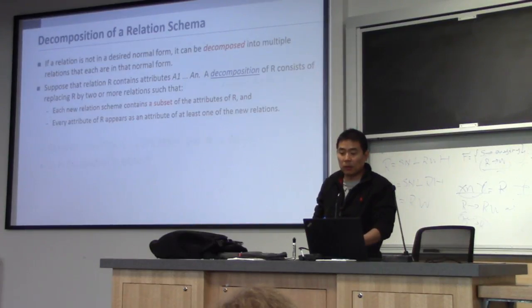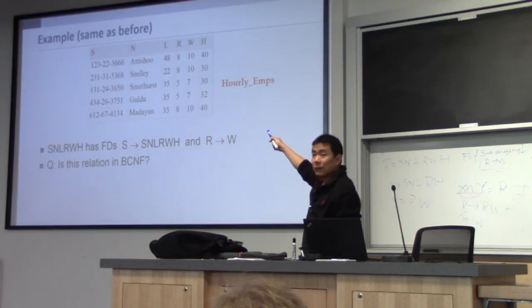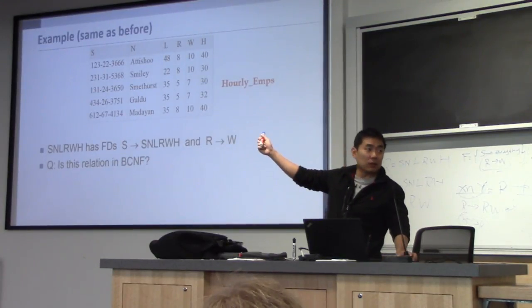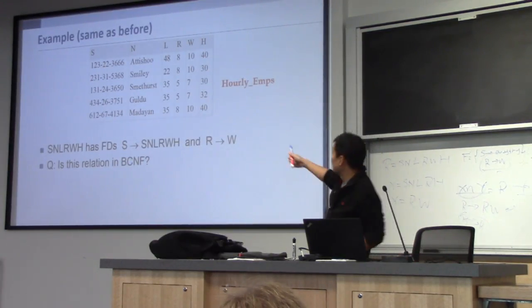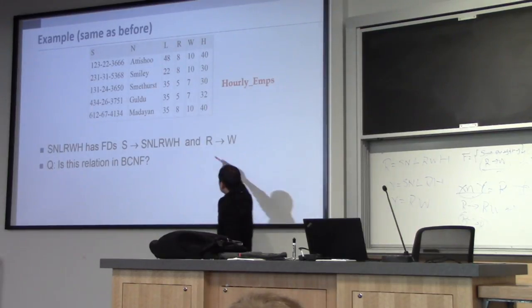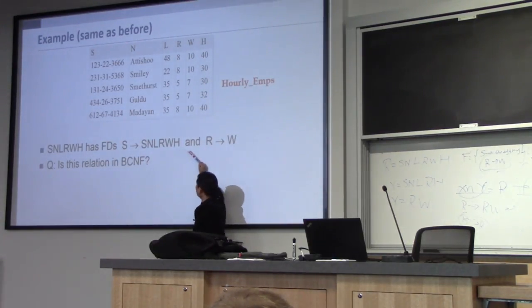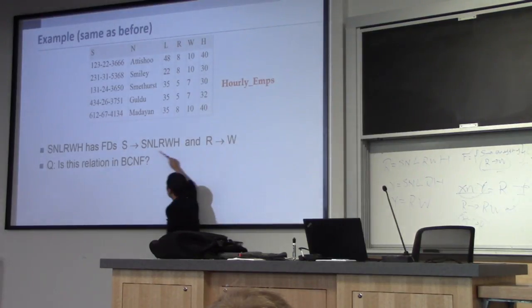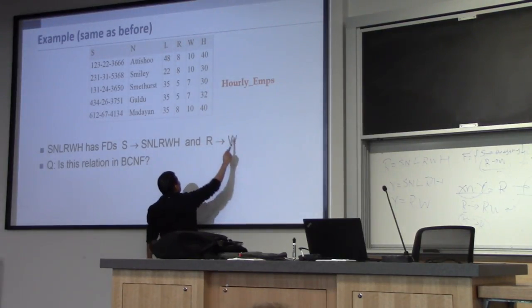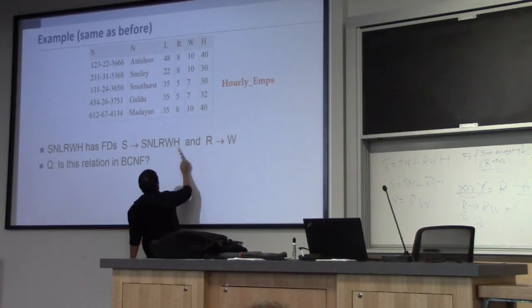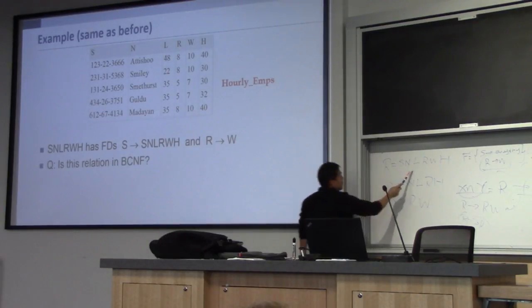But speaking of that, the reason why this decomposition is a result of applying the lemma is by viewing this as W, this as Z. So one schema of your decomposition is WZ, which is RW. The other is R minus Z, which is the whole thing minus W, so it's SNLRH, which is essentially this.